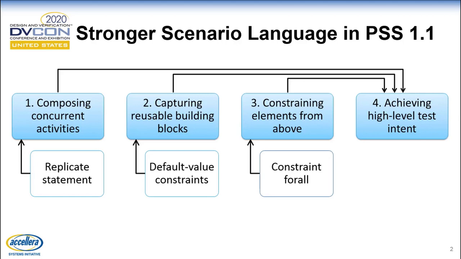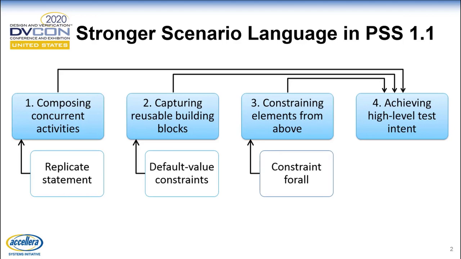You'll see that you could spell out the same scenarios with 1.0. The purpose of all of these is to enable you to express these in a more generic fashion, in a more reusable fashion. So you can use these constructs now to not only hit on certain test cases, but also to encapsulate these in reusable building blocks. So now with PSS 1.1, we think we enable you to capture content libraries for real for the first time.